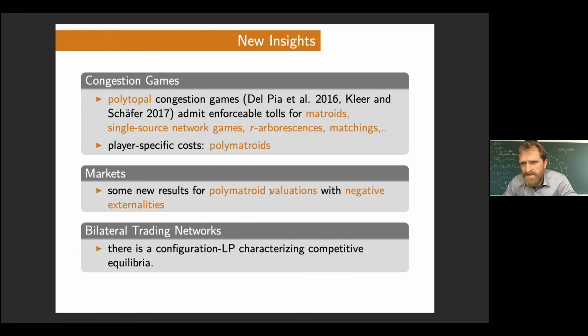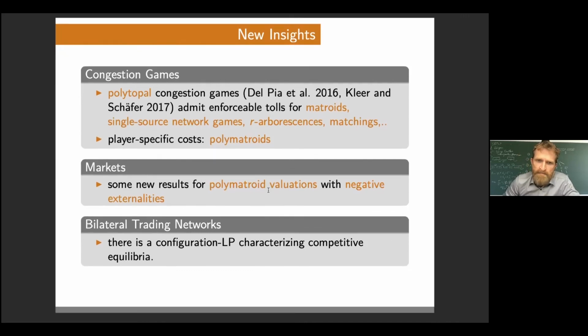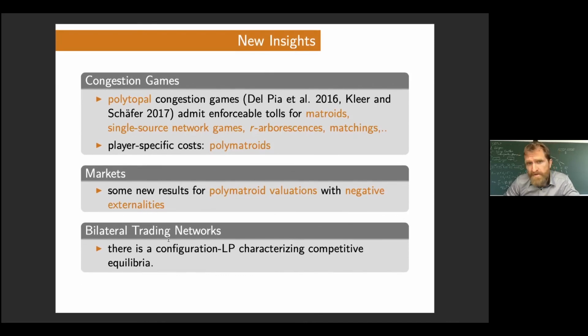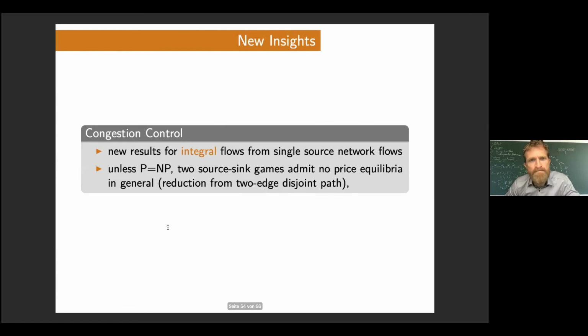And this is exactly the right property you need. For the bilateral trade networks, I think the configuration LP that one can define was not known before. So this is a new consequence. For the congestion control application, I mentioned already that with this NP complexity reasoning one also gets negative results immediately that were not known before.